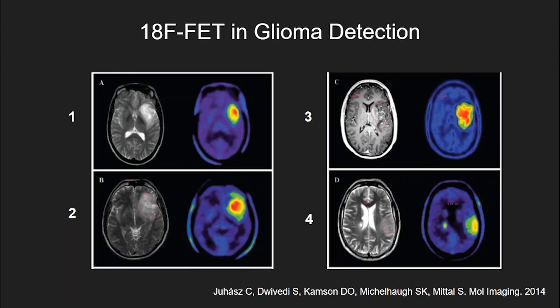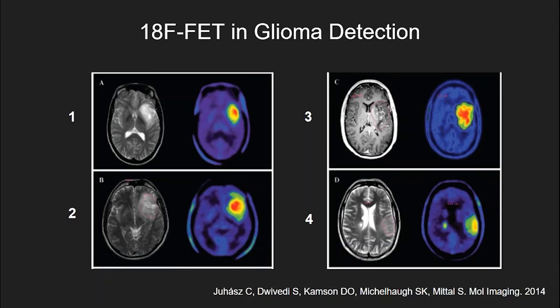This is another example of a different PET radiotracer that is used in Europe. It is 18F labeled fluoroethyl L-tyrosine, or FET, and it is also taken up by amino acid transporters in brain tumors.